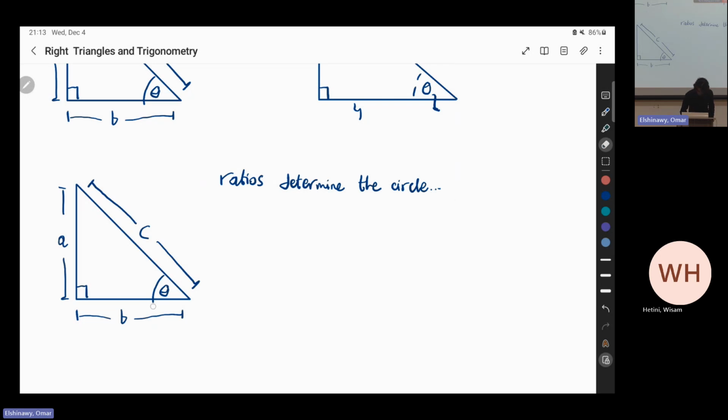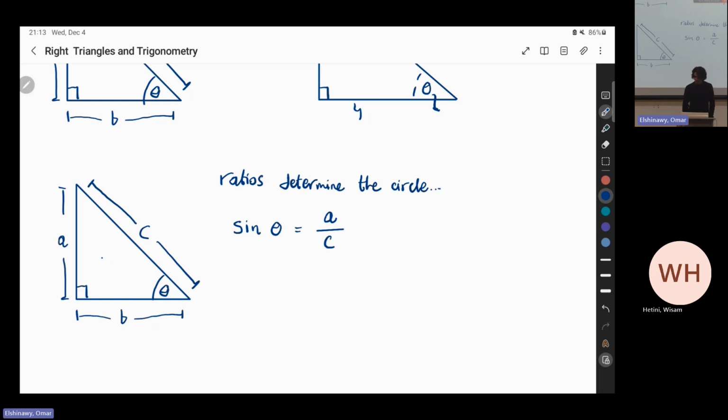So we have something called the sine ratio. We define the sine of an angle theta to be equal to A over B. So it's the opposite side divided by the adjacent. Oh no, sorry, that was a big mistake from the start.